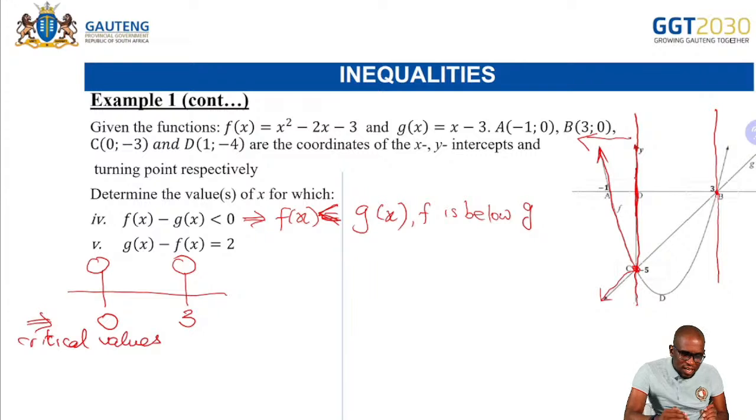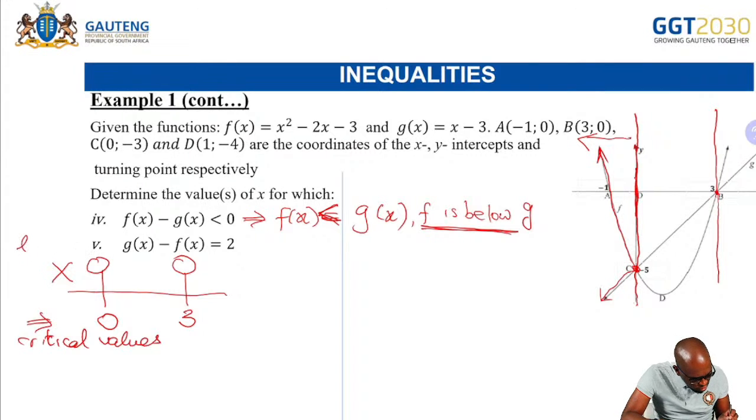So you can see that f is above, because if you look at the graph of a parabola, just on the left hand side of the point of intersection, you can see that the parabola is above and the straight line is below. So we are not looking for that region. We are looking for the region where f is below. So this is not the solution. The left hand side, this is where we were checking.